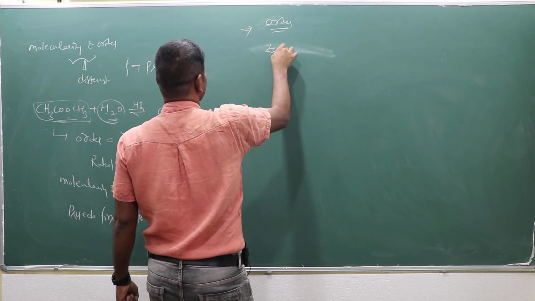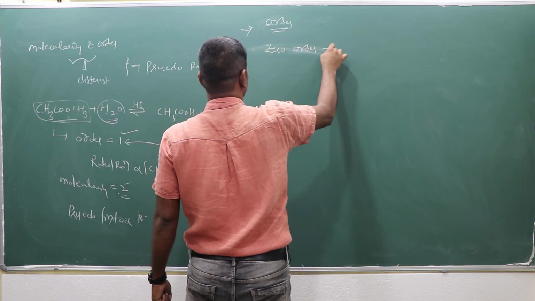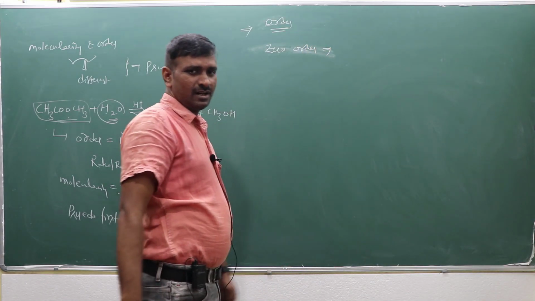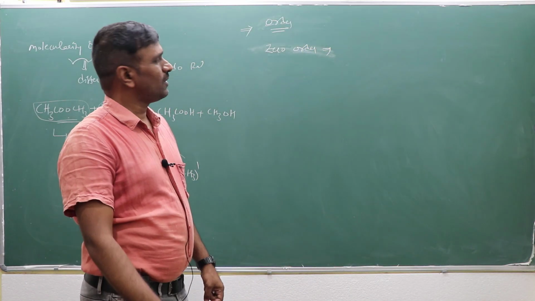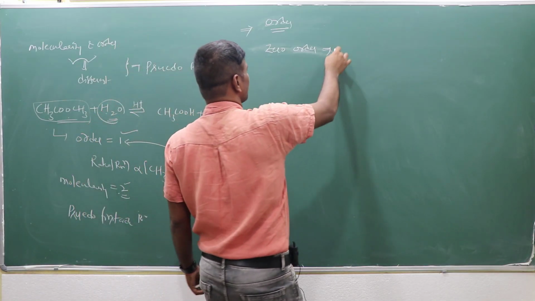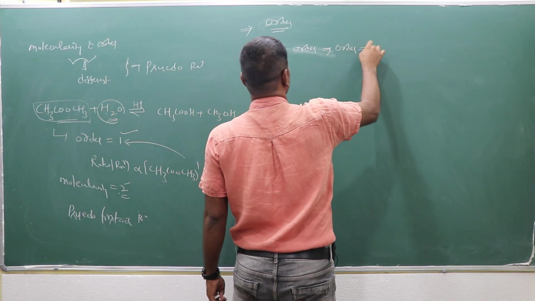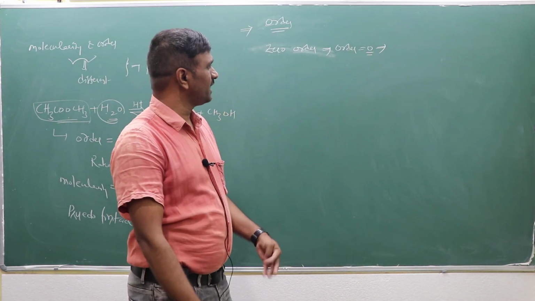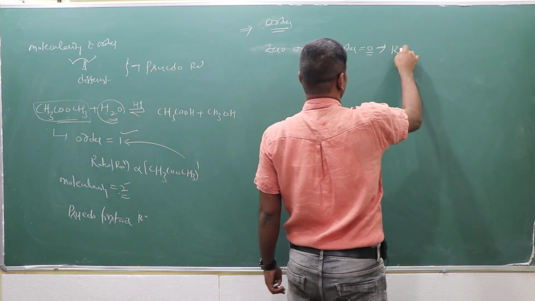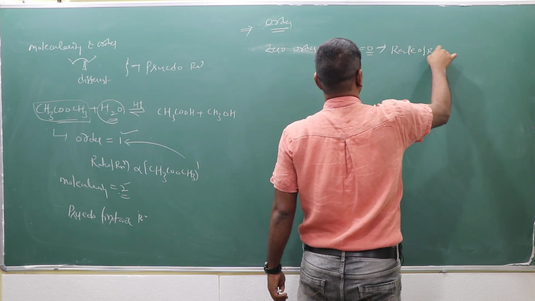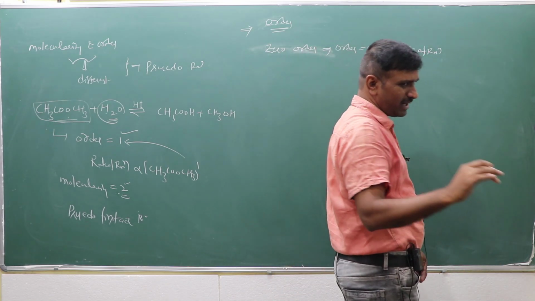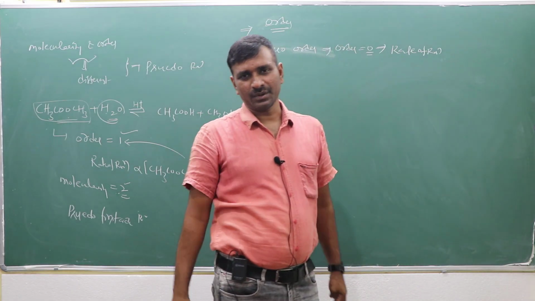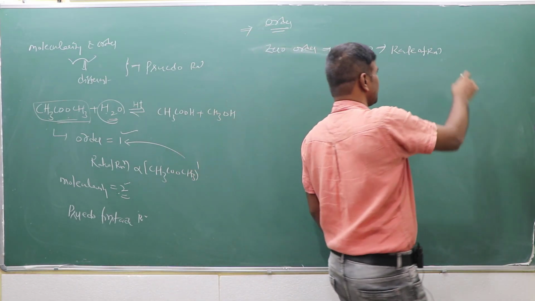In zero order reactions, the order is 0. Order is 0 means the rate of reaction is independent of the concentration of the reactant molecule. It does not depend upon the concentration of the reactant.